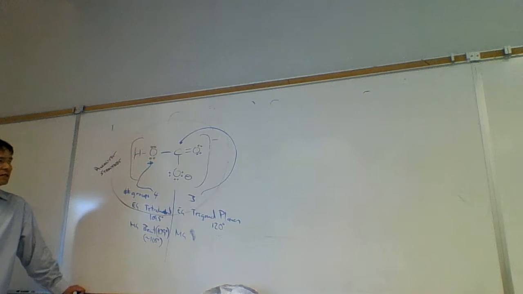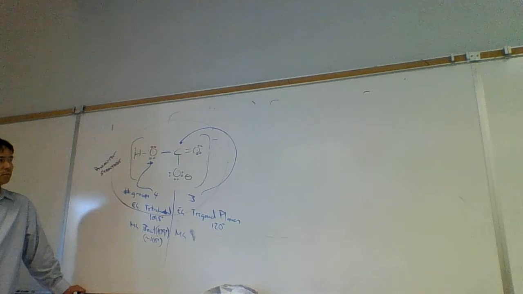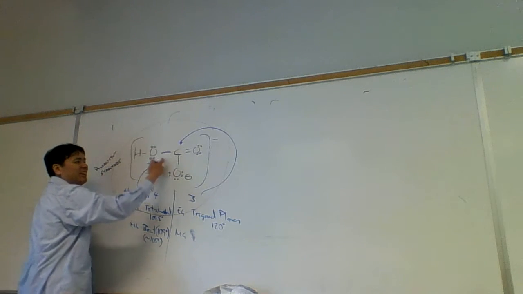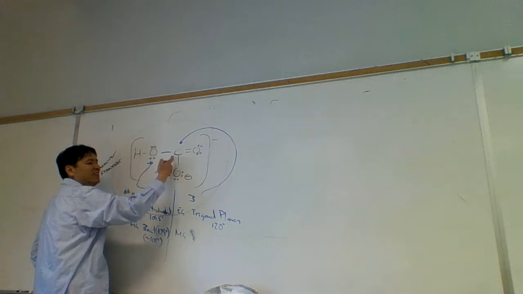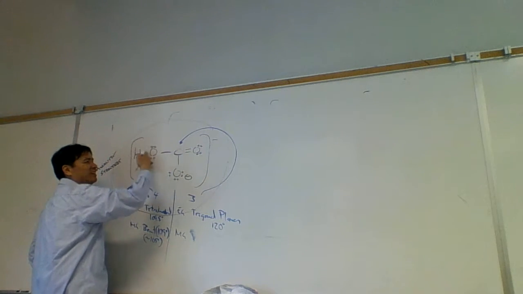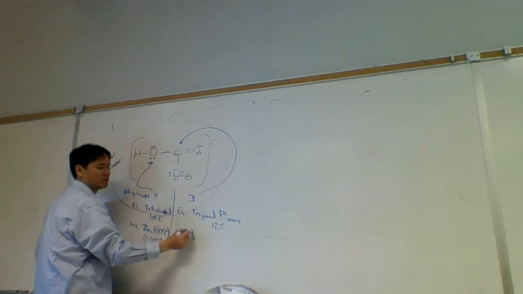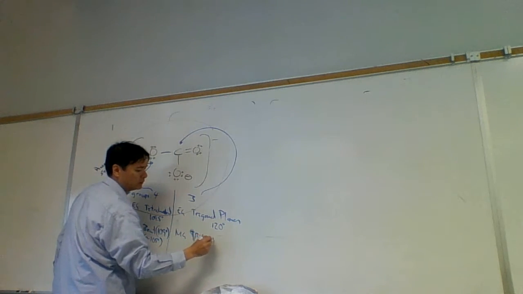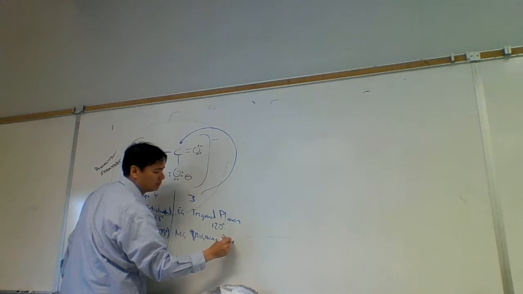Do the atoms follow the same geometry as the electrons do? Electrons are going to adopt a trigonal planar arrangement, and the atoms are in the same arrangement, so we call it trigonal planar as well. And trigonal planar should be 120.